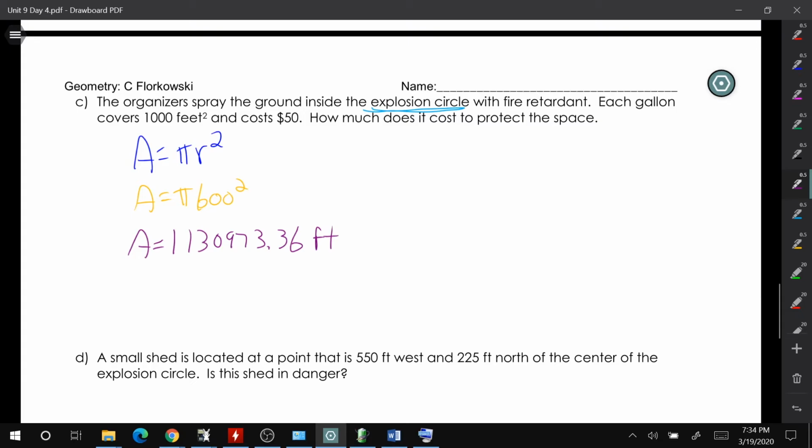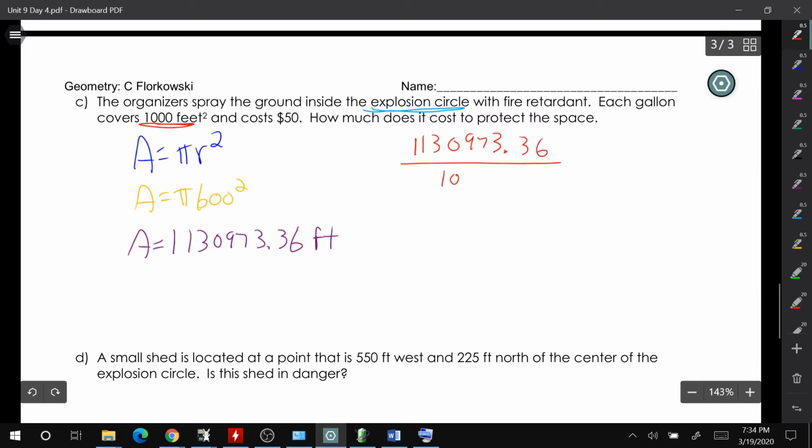So that's how much area we have to cover, and each gallon covers 1,000 square feet. So we're going to take that big number and divide that by 1,000. This gives us 1,130.97 gallons that we'll need. Now each of those gallons costs $50.